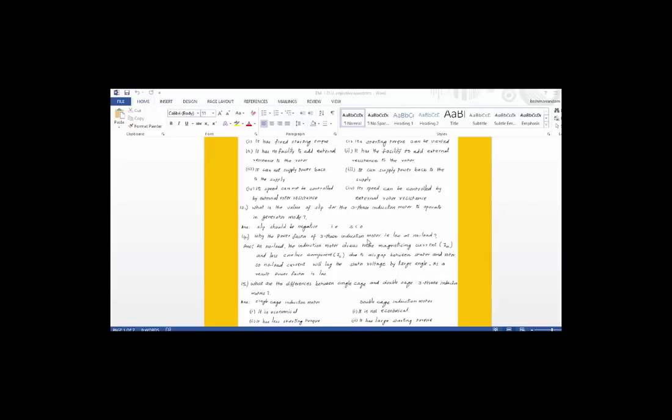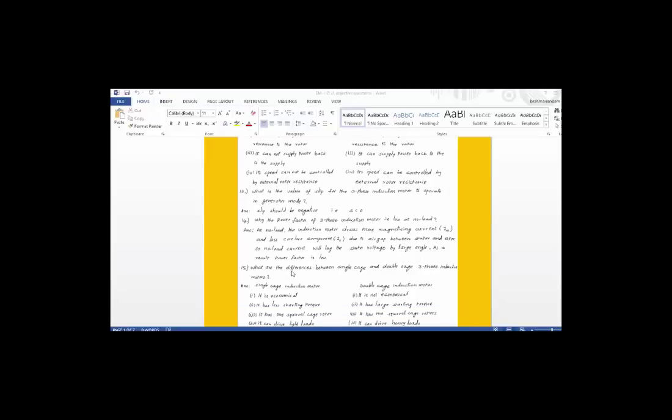Why is the power factor of three-phase induction motor low at no load? At no load, the induction motor draws more magnetizing current and less core loss current due to the air gap between stator and rotor. So no load current will lag the stator voltage by a large angle. As a result, the power factor is low.